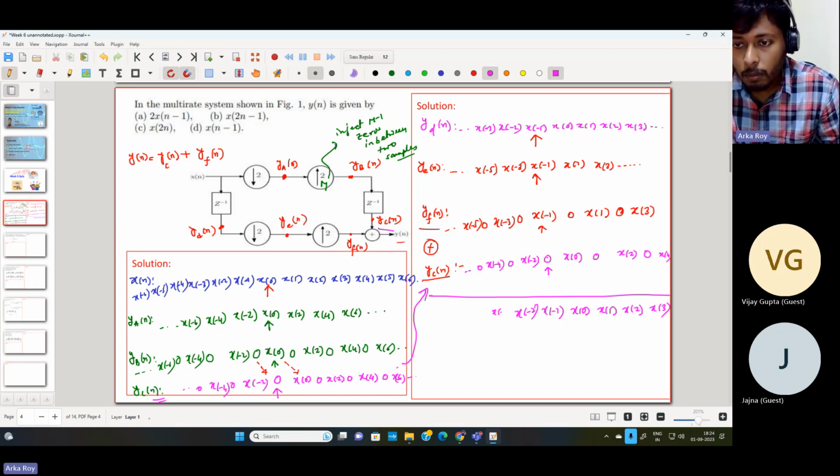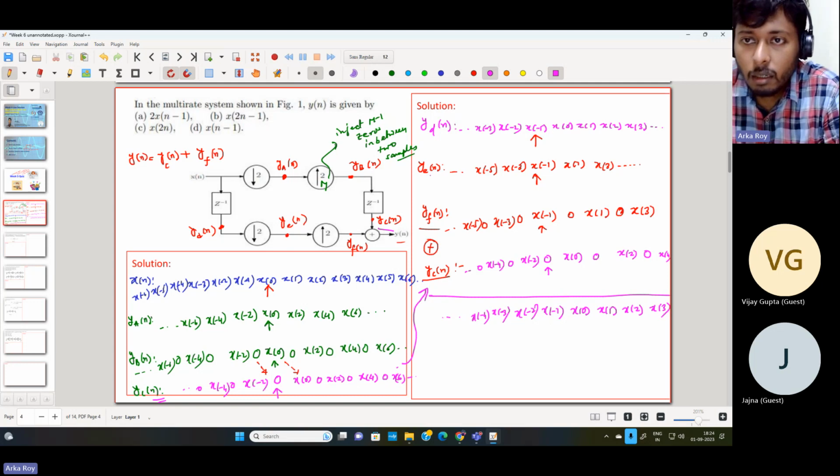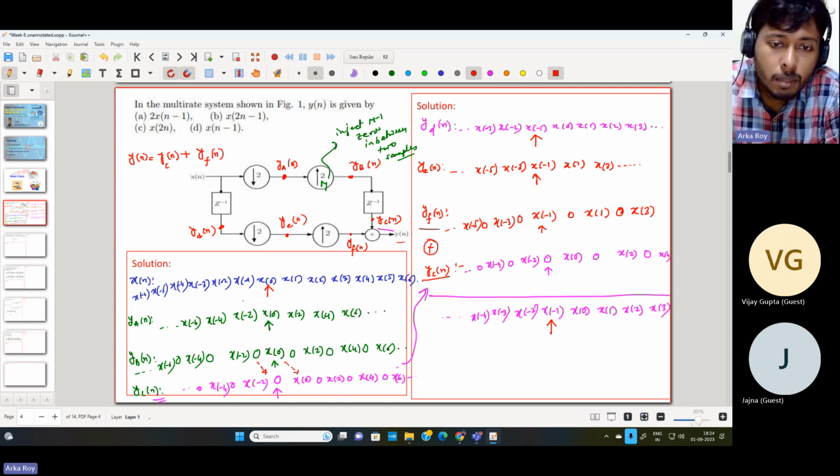It will be X of -3, X of -4, and so here in the origin the sample value is basically X of -1. So thereby we can observe that this was Xn and this is your Yn.